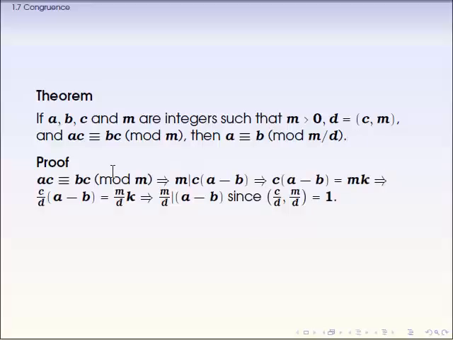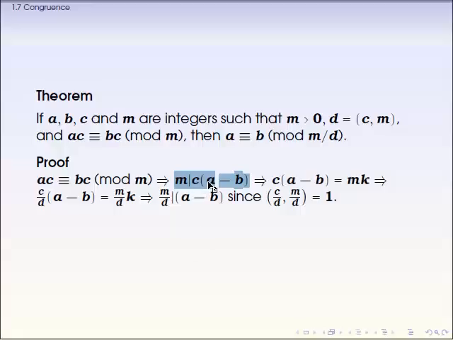Okay, our assumption was ac is congruent to bc modulo m. Then by the definition of congruency, m is a divisor of ac minus bc. So when you factor out c, we can say m is a divisor of c times (a minus b).